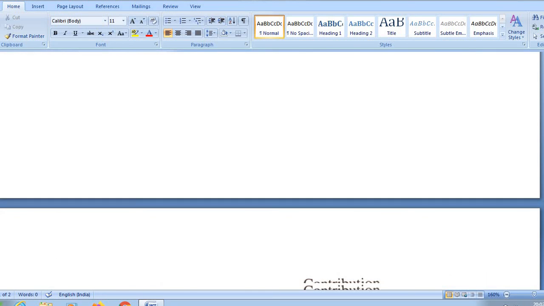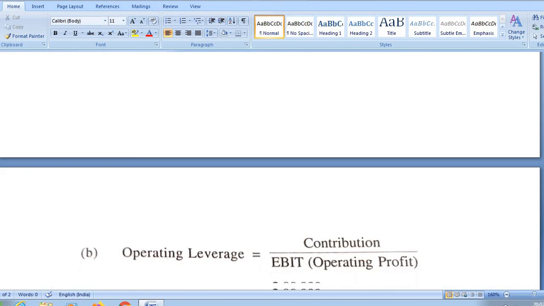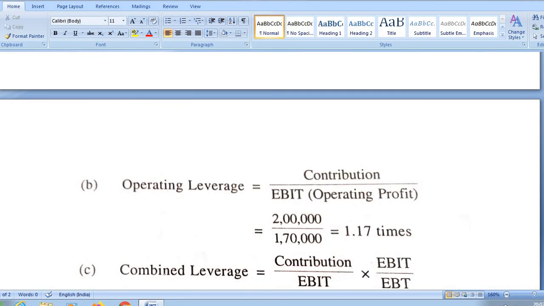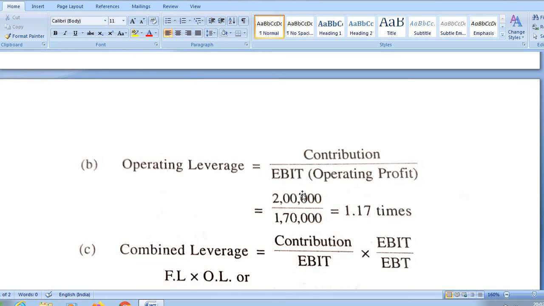Or you can go for a formula which is contribution divided by EBIT, which is the formula for operating leverage, and EBIT divided by EBT, which is the formula for financial leverage. Or you can calculate directly, that is contribution divided by EBT, because EBIT cancels.